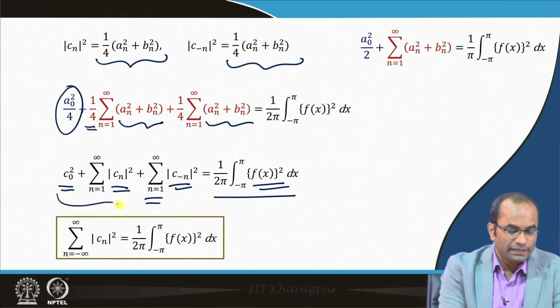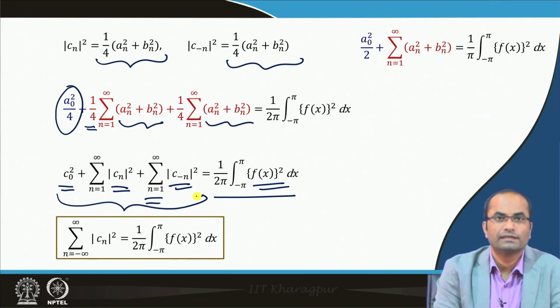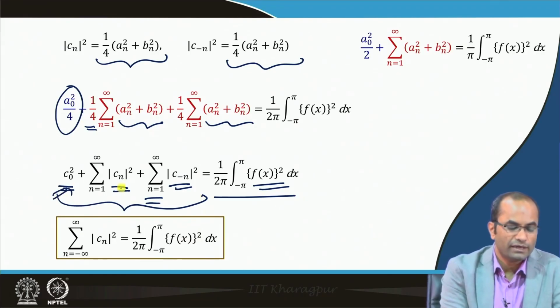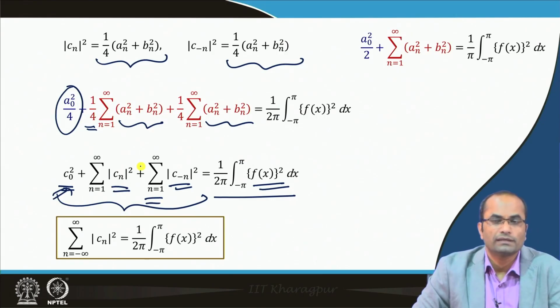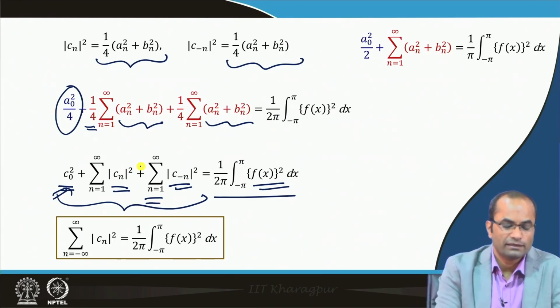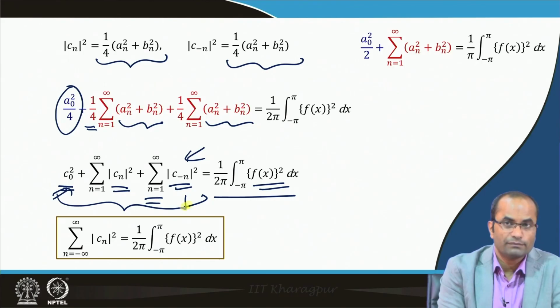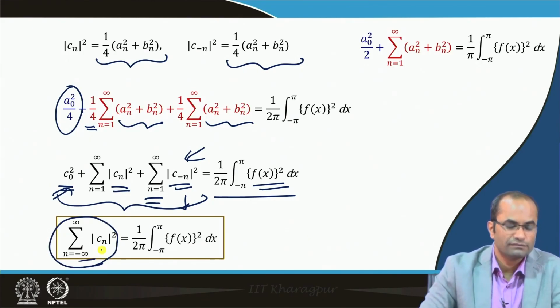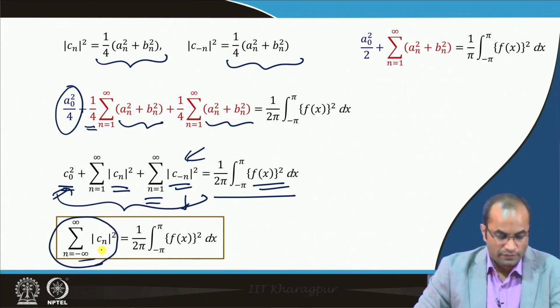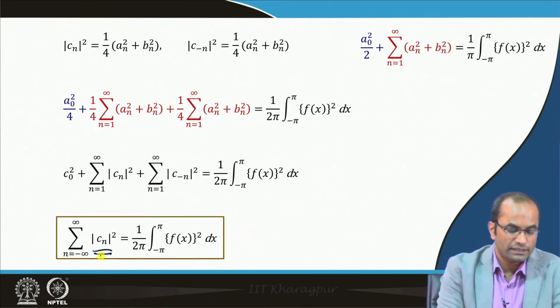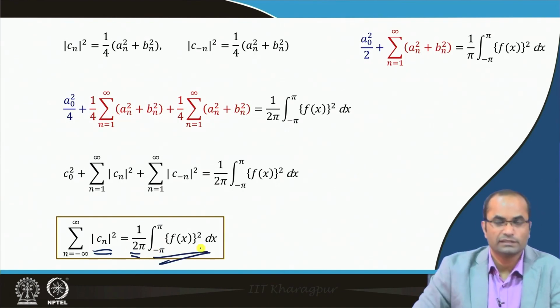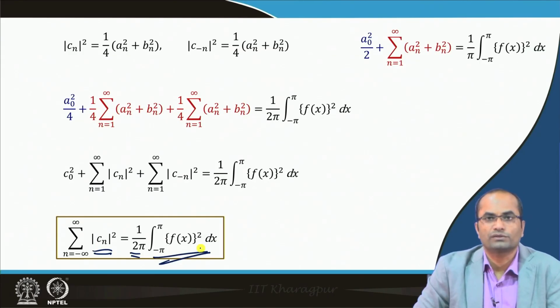So, now we can combine all the terms on the left hand side. We have C naught square, we have the positive powers, that is C 1 square, C 2 square, etc. We have also all negative powers, C minus 1 square, C minus 2 square, etc. So, all these can be coupled now, and we have the whole summation which is running from minus infinity to plus infinity over this modulus C n square, and the right hand side is 1 over 2 pi and this integral from minus pi to pi of f x whole square dx.